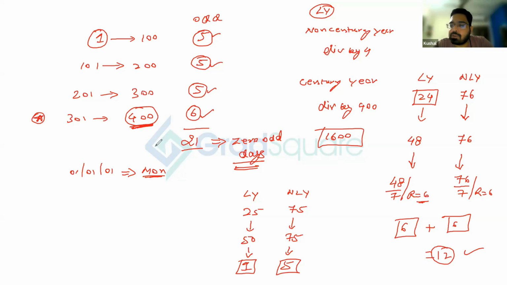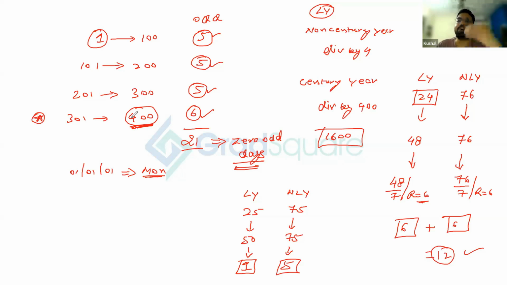I want to see how many of you are concentrating. Turns out all of you are concentrating well. Great, good going. That will be a Sunday. So that means in a bunch of 400 years, you will find 0 odd days.